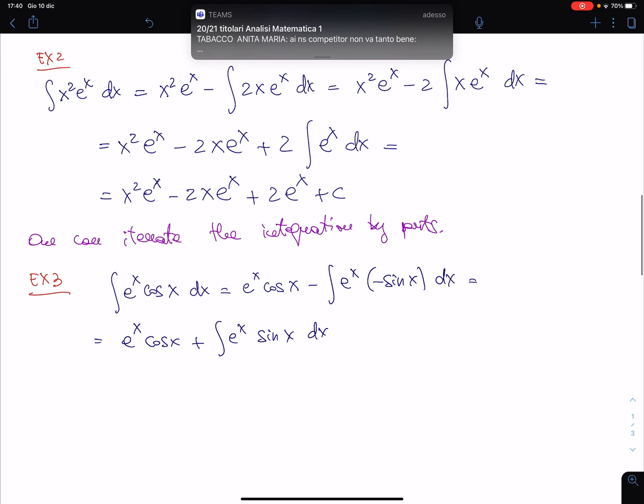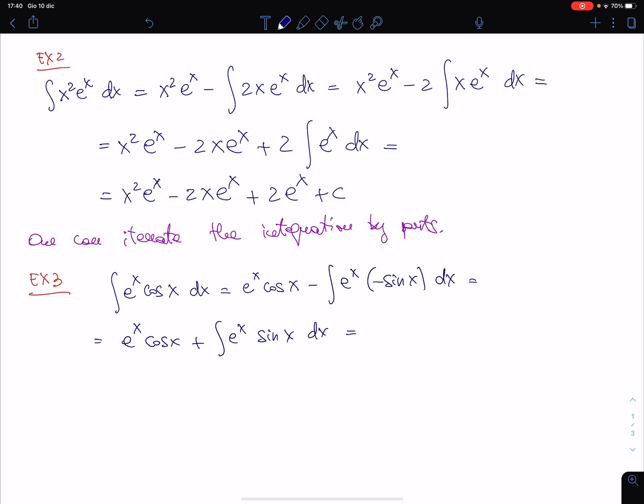Then again operate integration by parts here, and again you want to differentiate the sine. So e to the x cosine of x plus e to the x sine of x minus the integral of e to the x cosine of x dx.